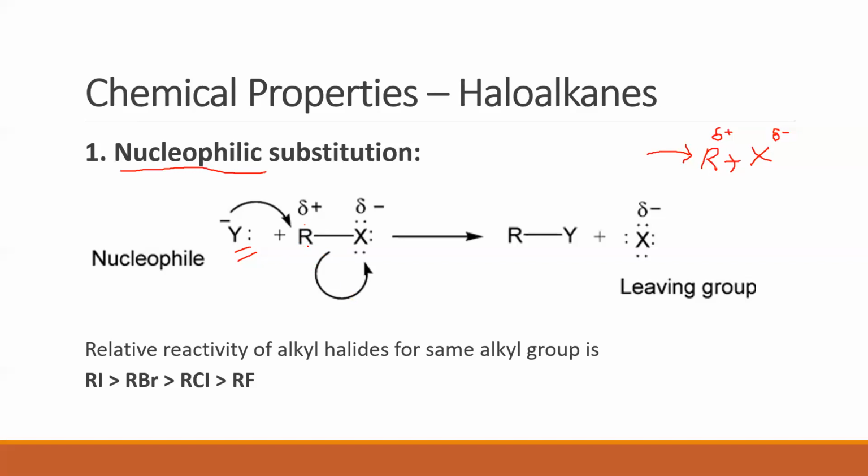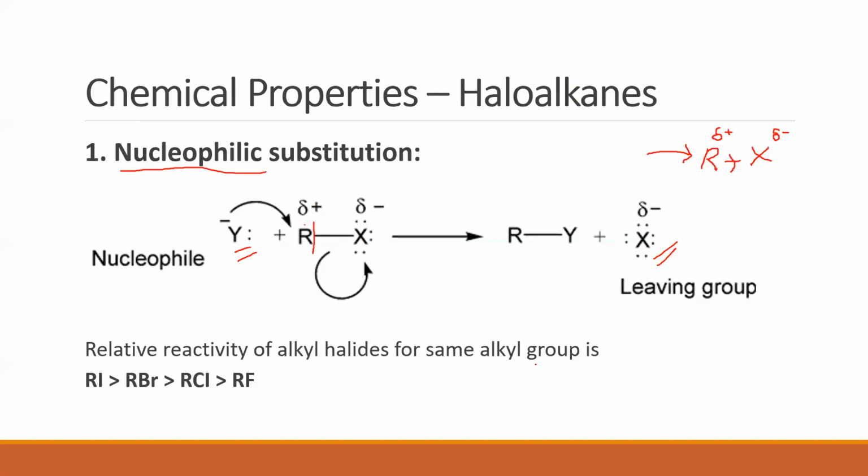So what should happen? One of the bonds should break. Now, which bond will break? This bond will break, and these two electrons of the bond will go on X. X will go out as X minus. Clear?